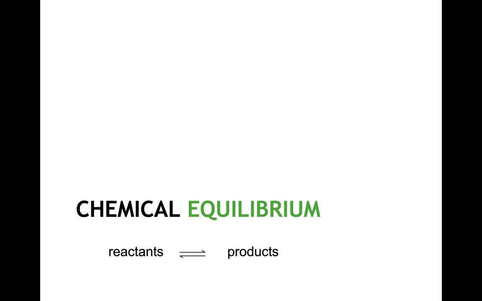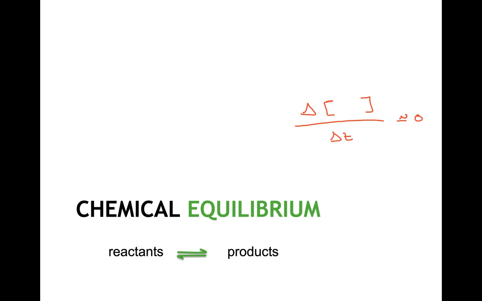We typically do use those double-sided arrows to indicate that a given reaction is at equilibrium, right? And what it's telling us is that the change of concentration of the reactants or the product over time is basically very small, or approaching zero.